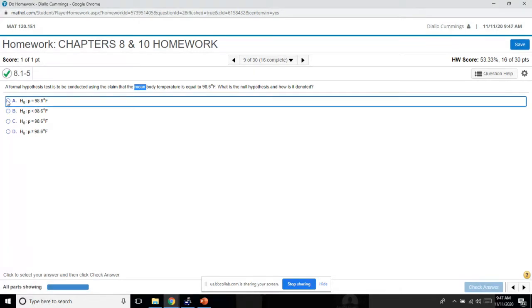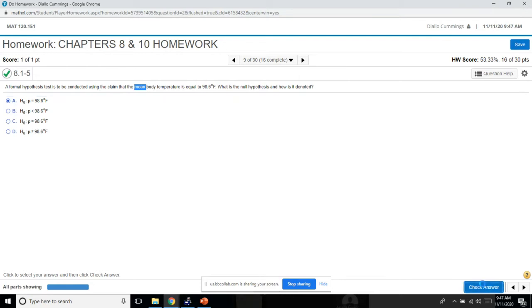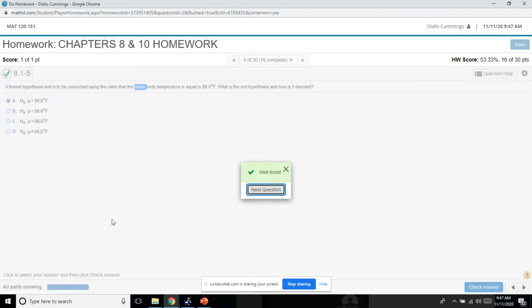So I'm going to choose answer choice A. The null hypothesis is that the mean is equal to 98.6 degrees Fahrenheit, because in our problem, we're making a claim about the mean, and the null hypothesis must be equal to some claim value.